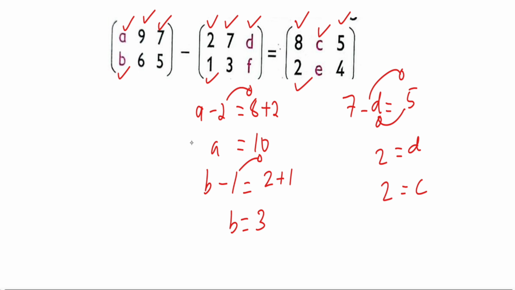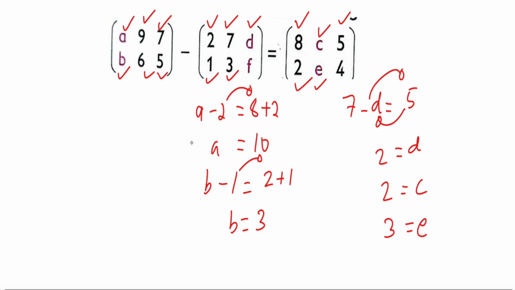Not that hard. And last but not least, 6 minus 3 gives you e. We haven't finished yet. So we know that 6 minus 3 gives you e. And therefore 6 minus 3 is equal to 3. And lastly is f.